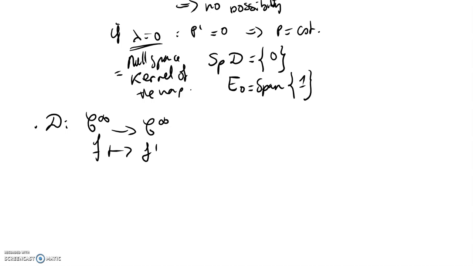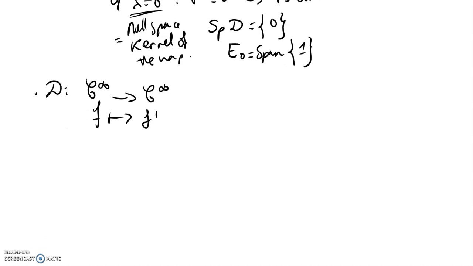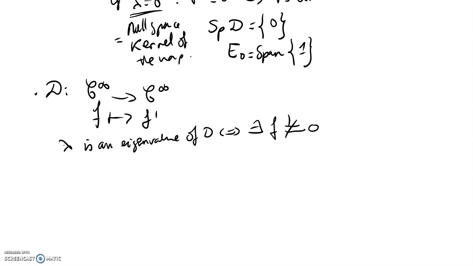We are in an infinite dimensional space, so we can't work with any matrix representation, but let's see what it means to have an eigenvalue. Lambda is an eigenvalue of D. It means that there exists f different from the 0 function such that Df is equal to lambda f.